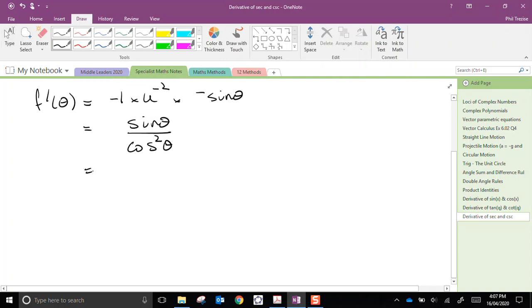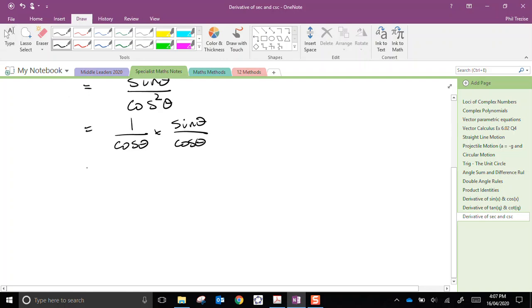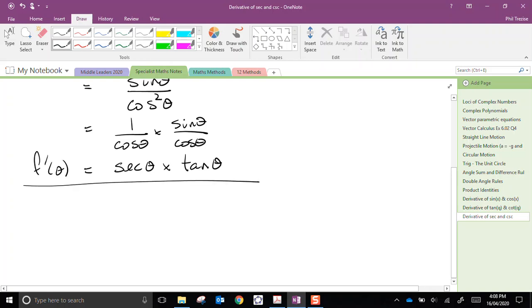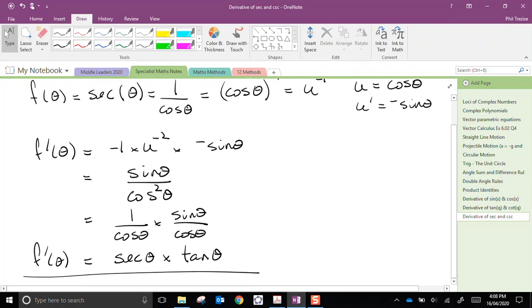So I'll write that as 1 over cosine theta by sine theta over cosine theta, and I think that's best as 1 over cosine is secant, and sine over cosine is tan. That's the derivative. When I start with a function equals secant theta, the derivative is secant theta times tan theta.